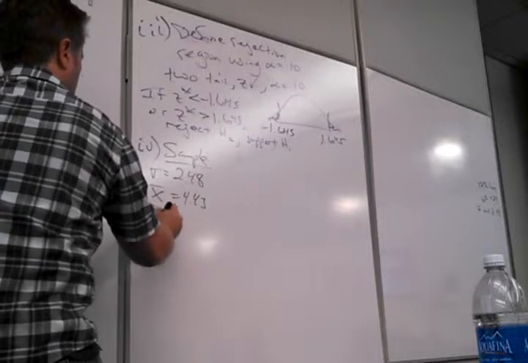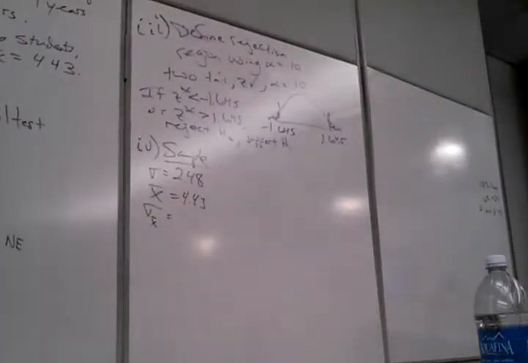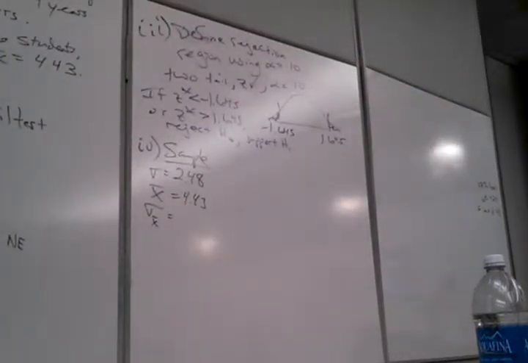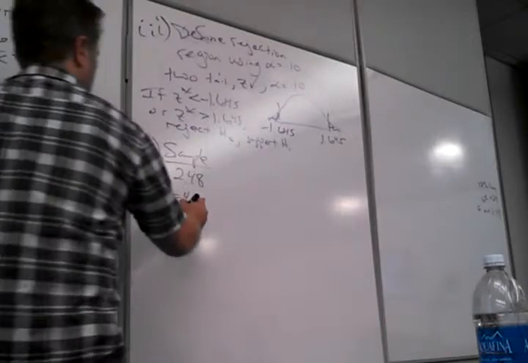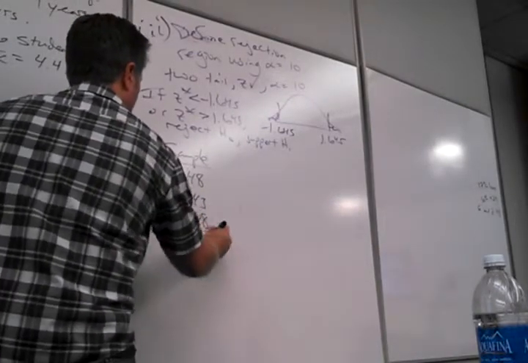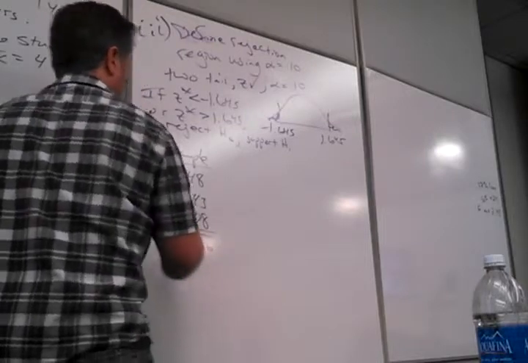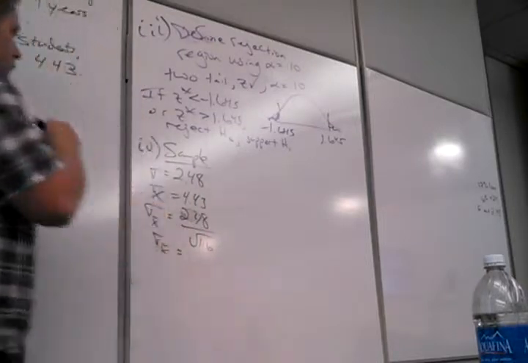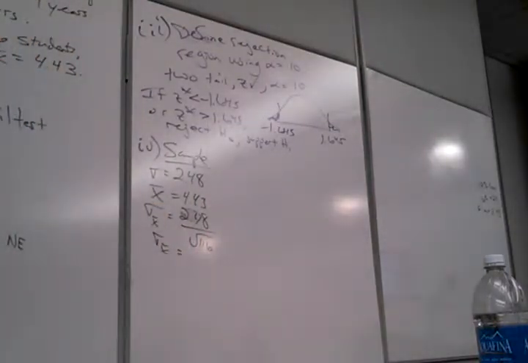What's the new standard deviation? The one that's true for groups of size 116. How do you get that? Standard deviation over square root of n. 2.48 divided by square root of 116. Right? You can't get the z-score unless you're using the correct standard deviation.